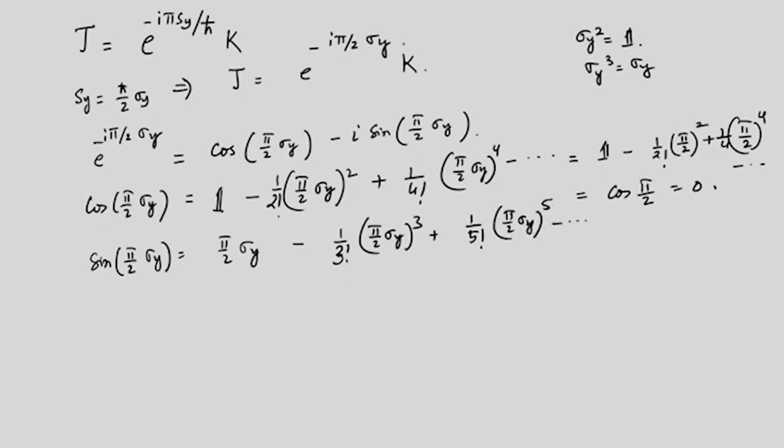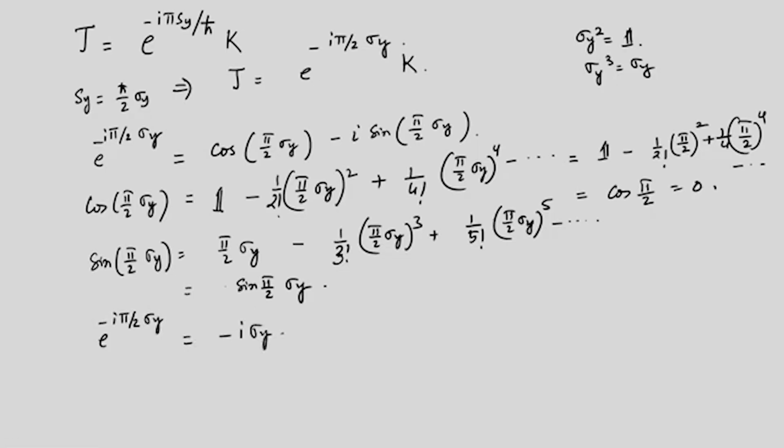Okay. So, because your sigma y cube is sigma y, this is sigma y times sine pi by 2. So, the operator exponential minus i pi by 2 sigma y is nothing but minus i times sine pi by 2, which is 1.